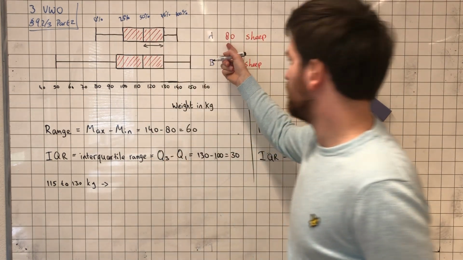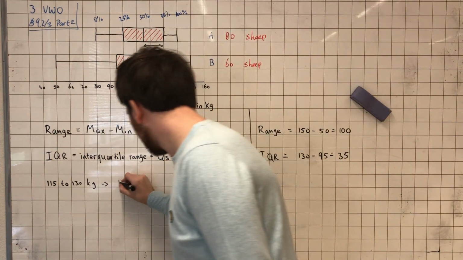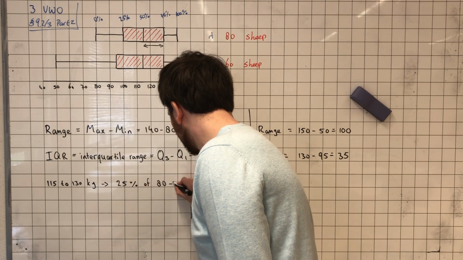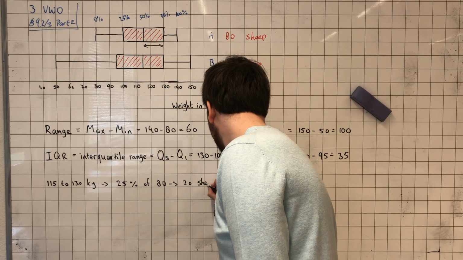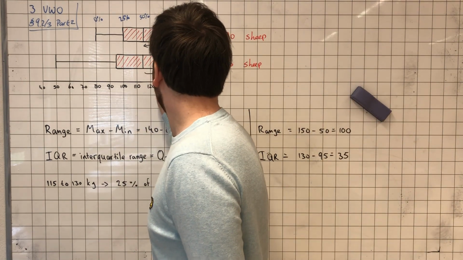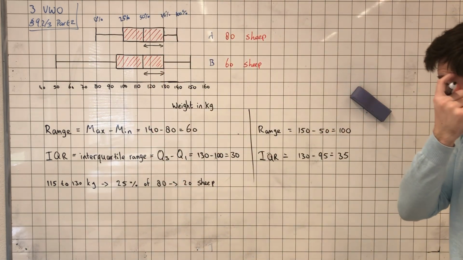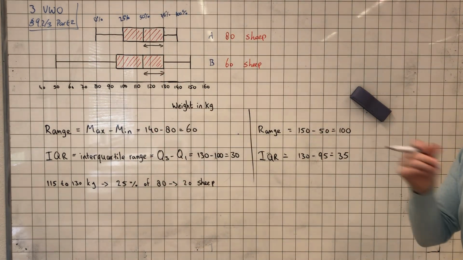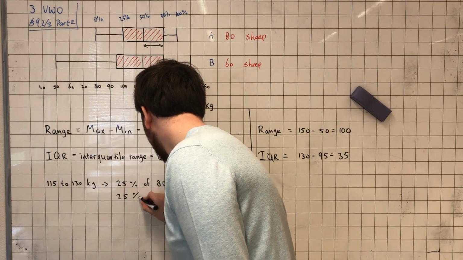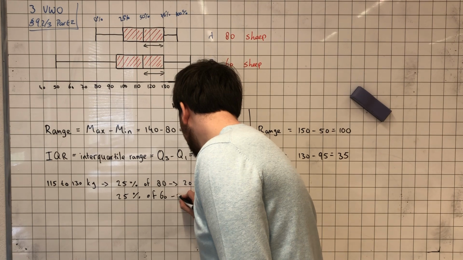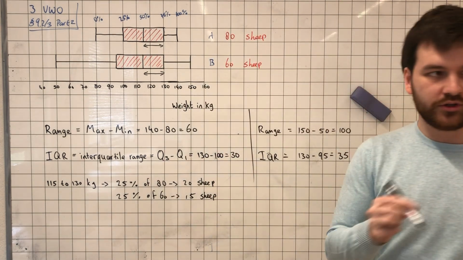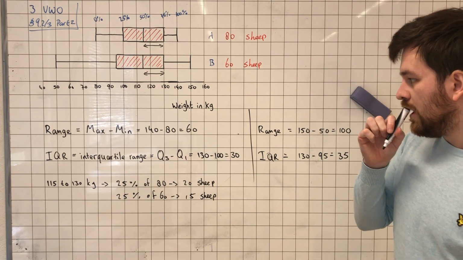So I have 25% of 80, which is 20 sheep. And at the same time, the percentage of sheep which Mr. Arts has in the weight class is the same, but his total amount of sheep is smaller, so 25% of 60 is only 15 sheep, which means that I have more sheep in that weight class.